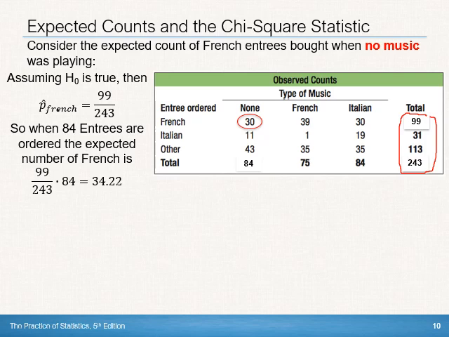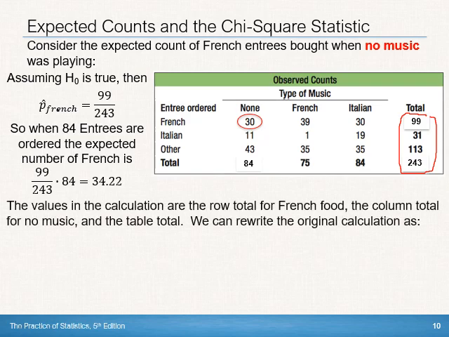So what we want to do is calculate the expected value of French food when no music is playing. We're going to look at the following. We're going to take these numbers. We're going to take the row total, which is the 99, and multiply it by the column total, which is the 84, and then we're going to divide it by the table total.